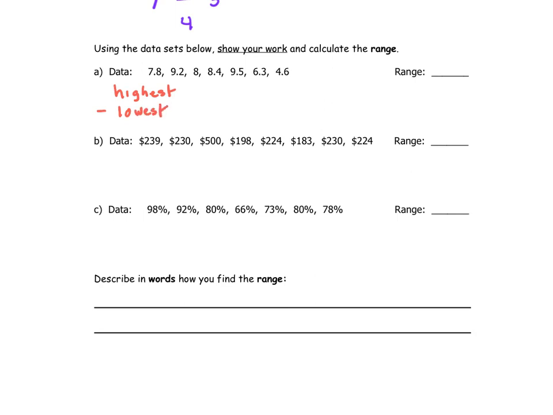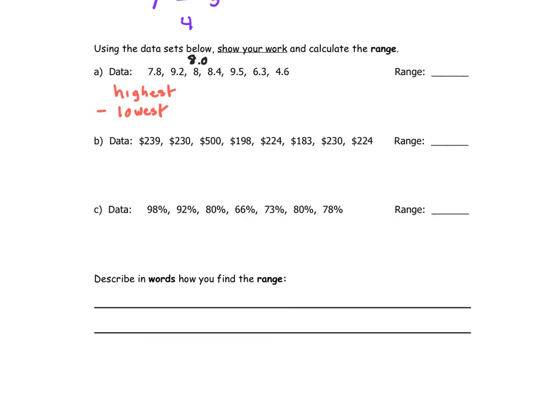And another reminder, as I scan this data set, I notice that everything here has a decimal with the exception of 8. And so if it's helpful to you, we could rewrite that 8 as 8.0.